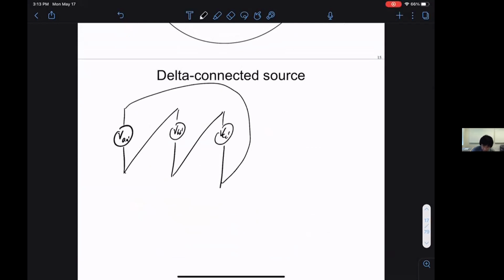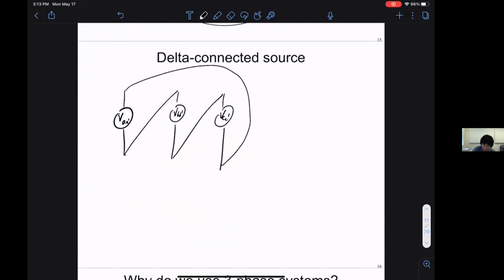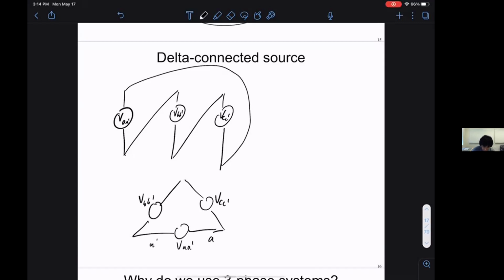So if you roll this into a better looking figure, we'll have a triangle with three things. This will be VCC prime, this will be VB prime, VAA prime. So this looks like a triangle for us. This is A prime, C prime, C, B prime, and B.